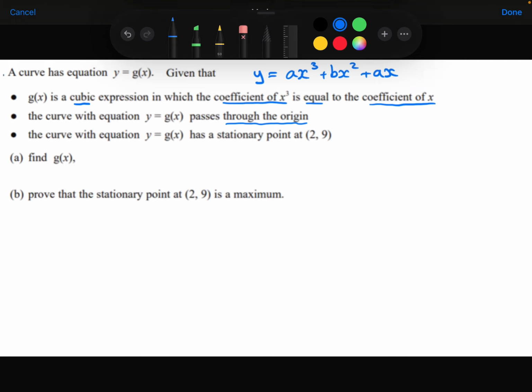We're then told we have a stationary point at the point 2, 9. So stationary point is telling me that the gradient is equal to 0 when x is 2. So I'm going to differentiate my function.